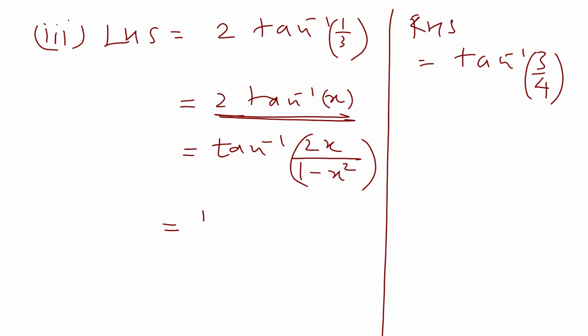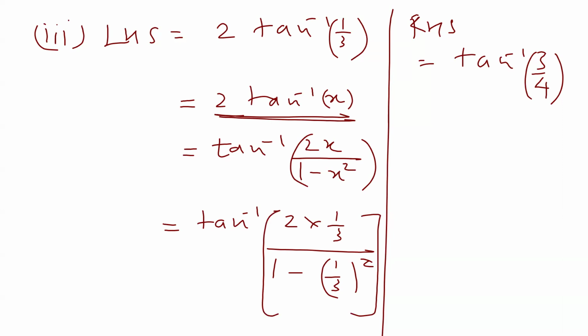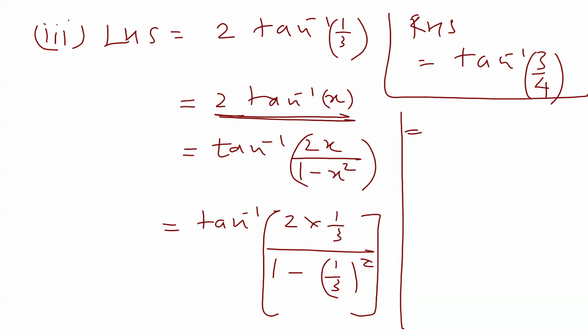So this is equal to tan inverse of 2 into 1 by 3, upon 1 minus 1 by 3 the whole square. If you solve this further, this will give you tan inverse of 2 by 3 upon 9 minus 1, that is 8 upon 9.